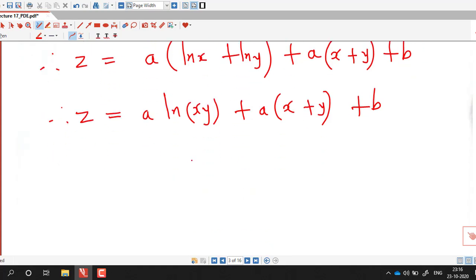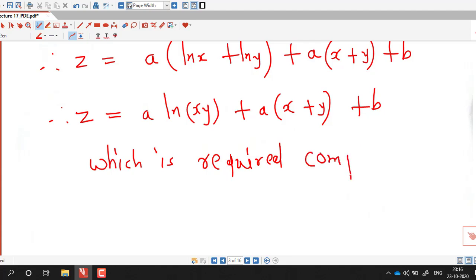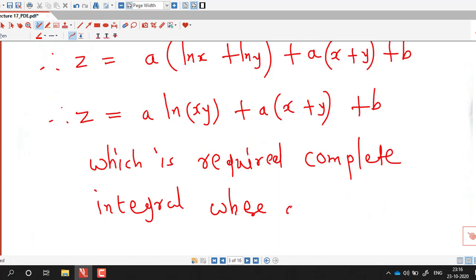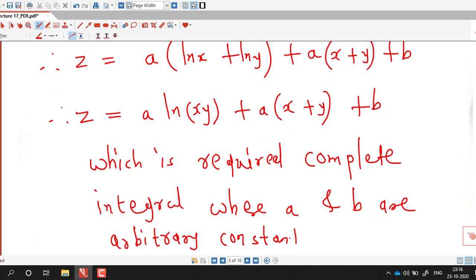Okay, so this is the required complete integral where A and b are arbitrary constants.